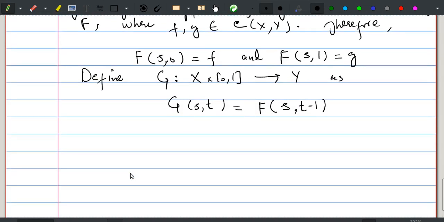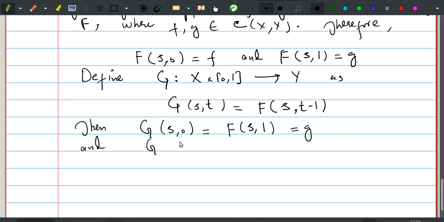Then G of (s,0), that means when we restrict G to 0, we get F of (s,1), which is by definition g, and G of (s,1) is equal to F of (s,0), and by definition that is f.